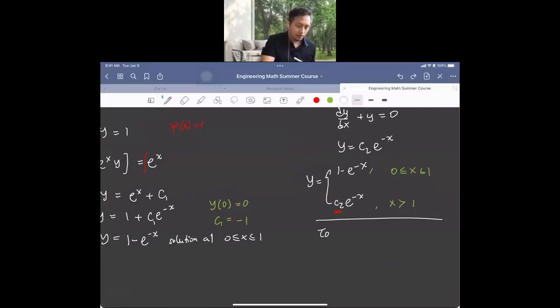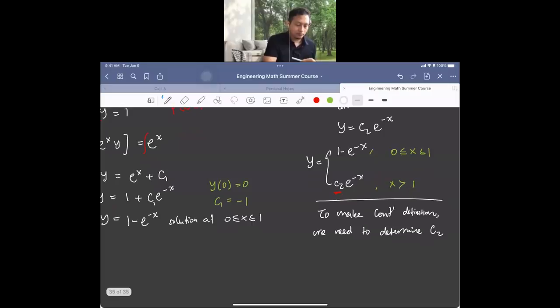To make a continuous definition, we need to determine c2 and make sure that it's continuous at least at x equals 1.